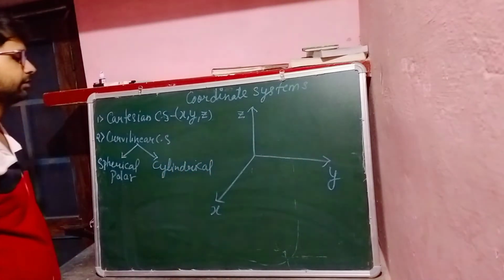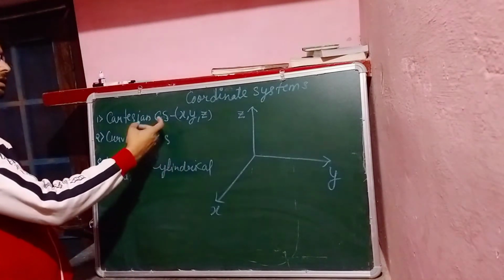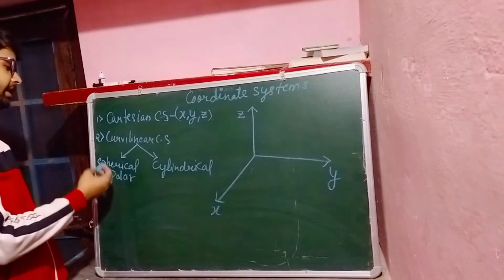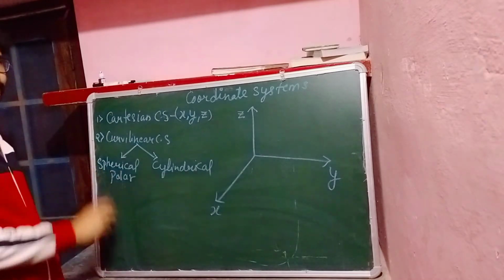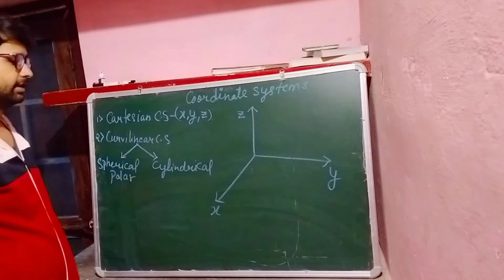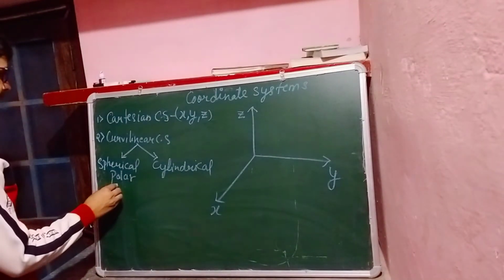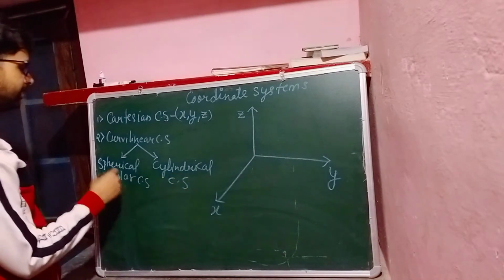There are a few problems that are very complex to solve in the Cartesian coordinate system. They can be solved readily and very easily by using spherical polar coordinates or the cylindrical polar coordinate system.